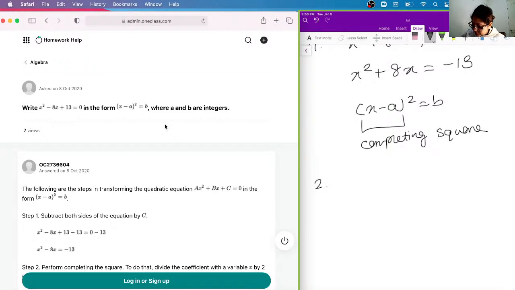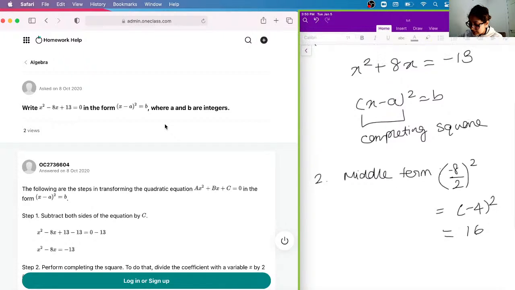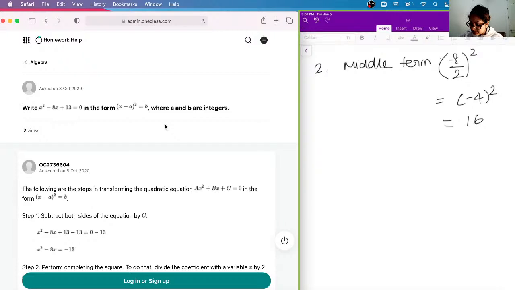The middle term is negative 8, so we divide it by 2 and square it. We have negative 4 squared, which is 16. Now we have to add this to both sides of the equation.